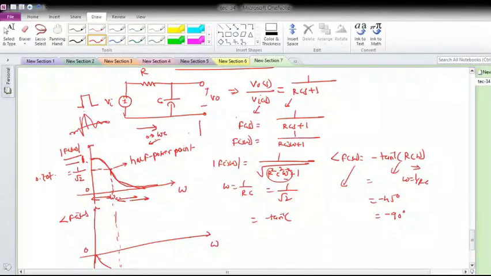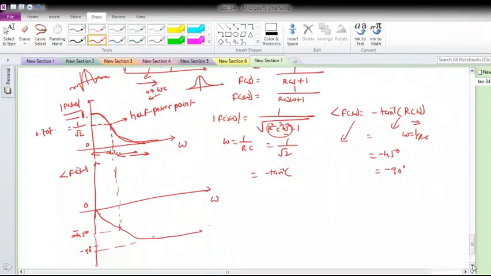So the output will be very smooth, because high frequency components, the jerk sort of thing, will be removed by the RC circuit. So the RC circuit again behaves as a low pass filter. This way you can calculate the magnitude response and phase response.